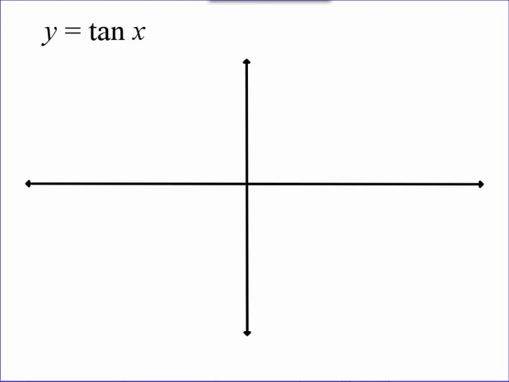So the first thing I'm going to do, using your pink sheet, what is the tangent at 0? Tangent at 0 is 0. Now we said at pi over 2 it was undefined.